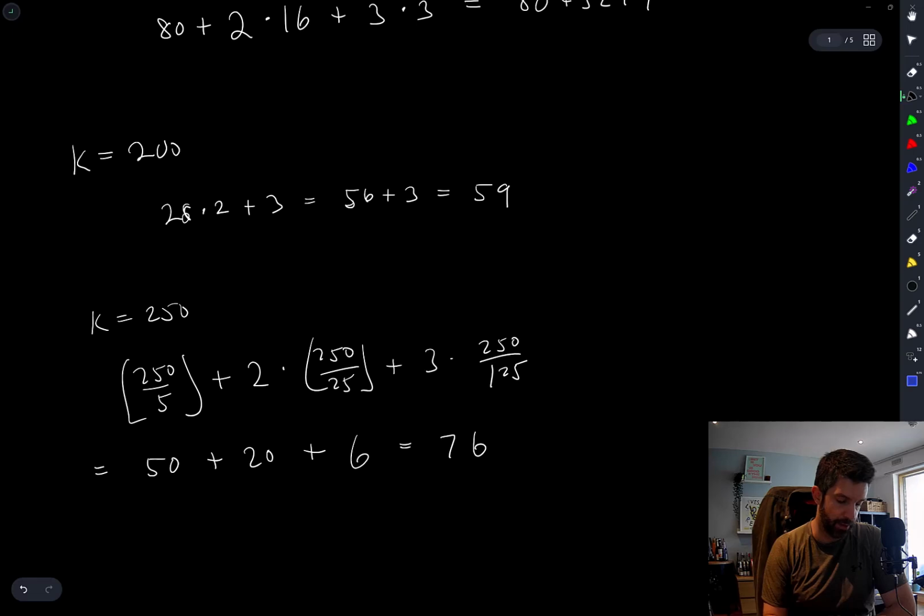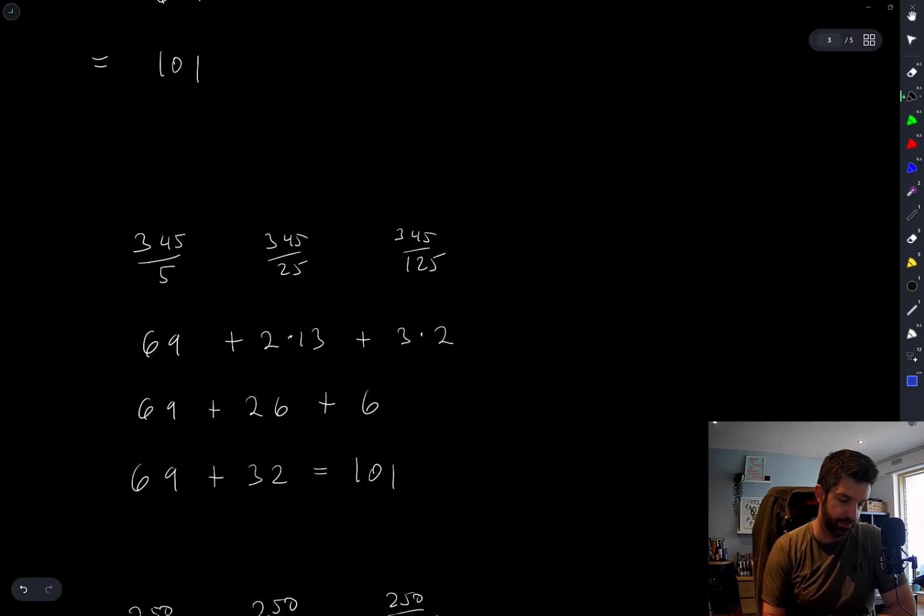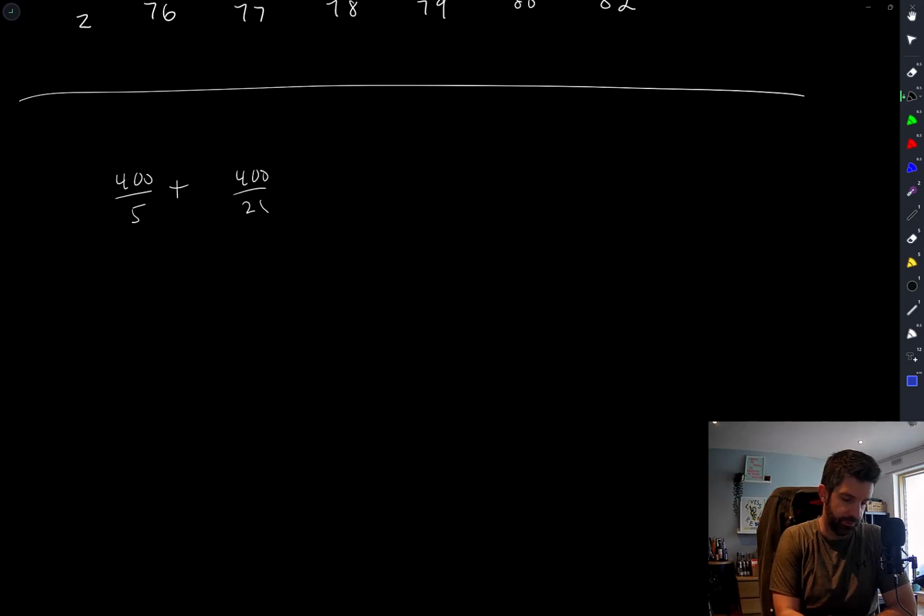So these numbers are higher than they should be. 400 was higher, but not super high. 400 over 5 plus 400 over 25 plus 400 over 125.